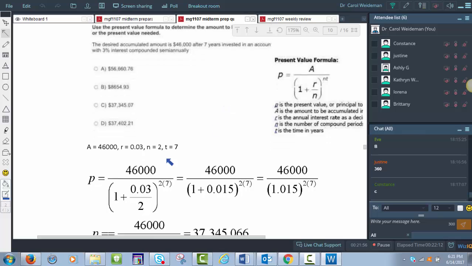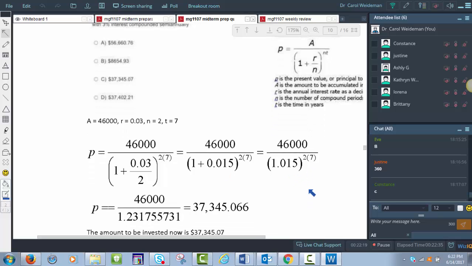All right, so here's my information. 46,000 goes in my numerator. 1 plus interest rate 0.03 divided by semi-annual, which means twice a year. Again, in my formula, I'm going to do this part first. 0.03 divided by 2 gives me 0.015. Add it to 1. I'm going to raise it to my exponent of 14.